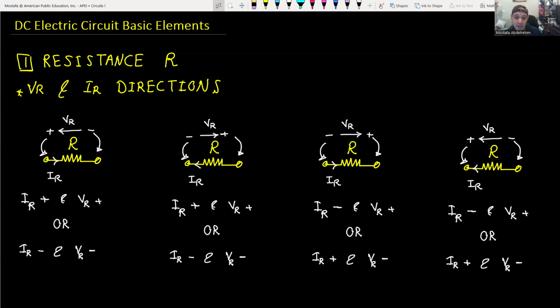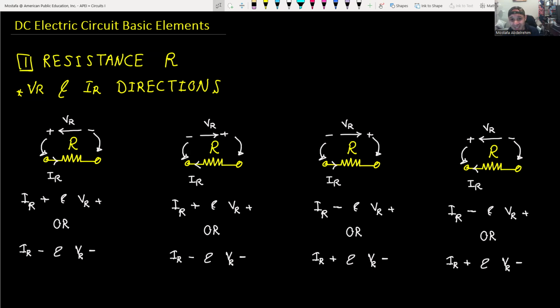So guys, in this video, I'm going to introduce to you the basic three elements in a DC electric circuit. This video will be two parts. This is part one. We're going to introduce here the resistance, the voltage source or the battery, and the current source. In the next video, I'm going to introduce you to what you can say are sub-elements, because they are basically also voltage source and current source, but with different properties.